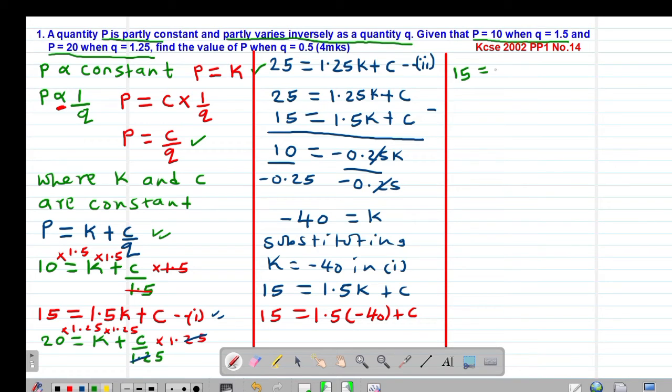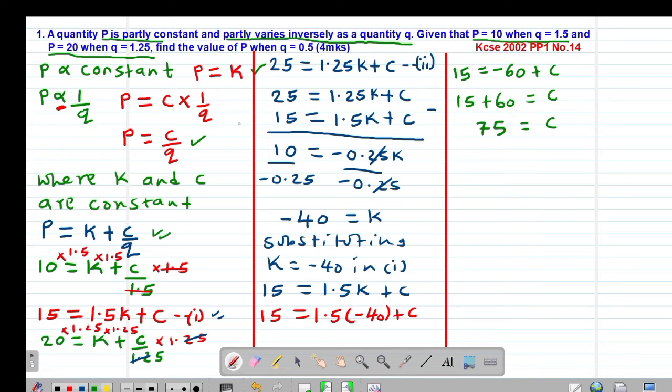So this one is equal to negative 60, then of course plus the constant c. So that means the value of c will be given by 15 plus 60. So if I take 15 plus 60, I'm going to get 75. Therefore the value of c is equal to 75.